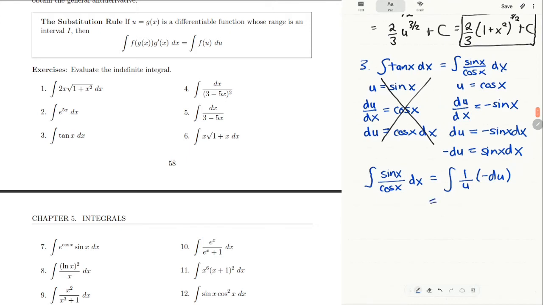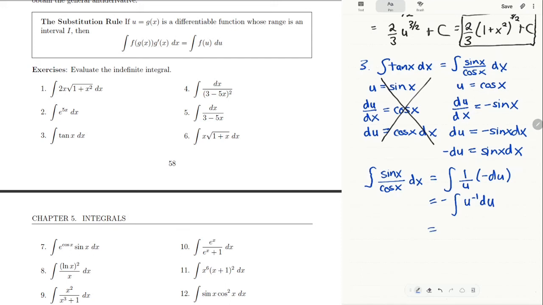Now any constants can be moved outside of the integral. So we can move the negative outside, and we have the antiderivative of u to the negative 1 du.